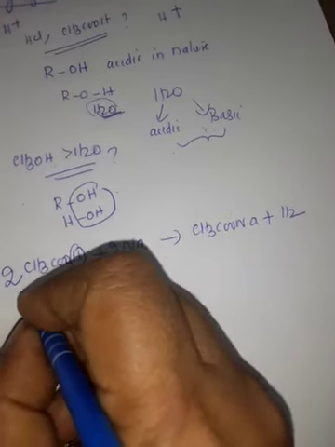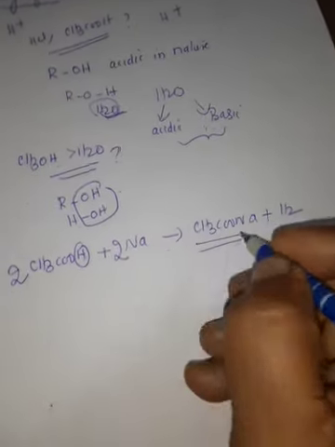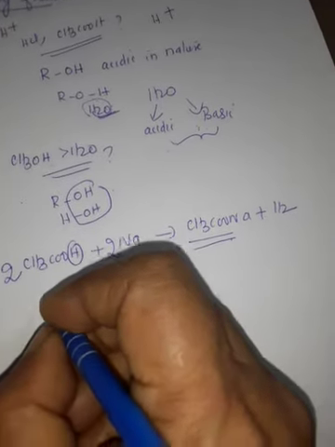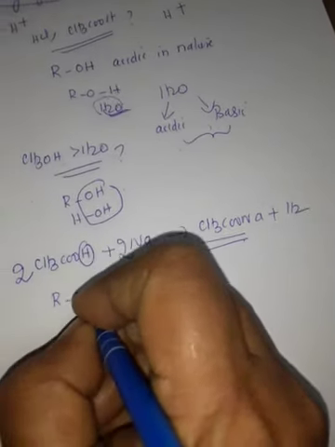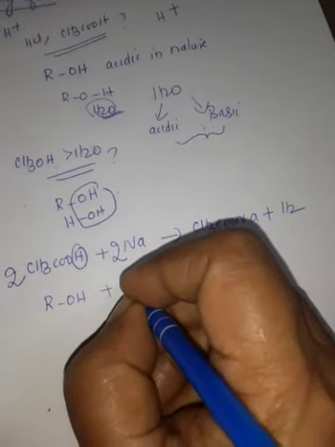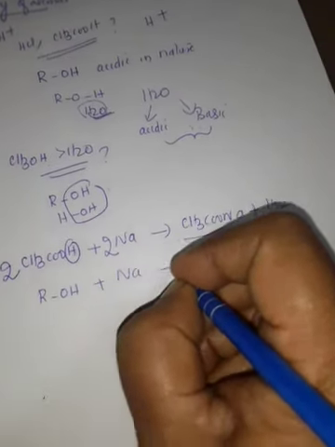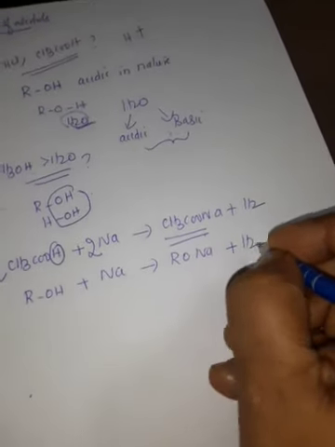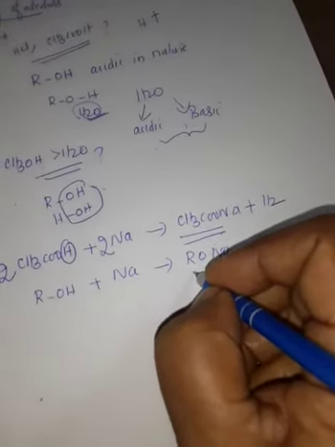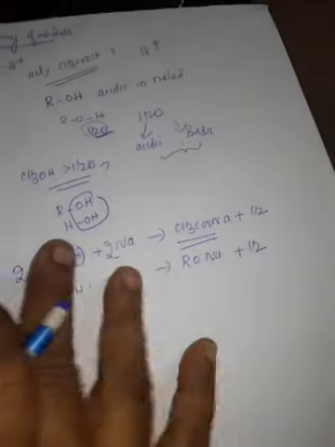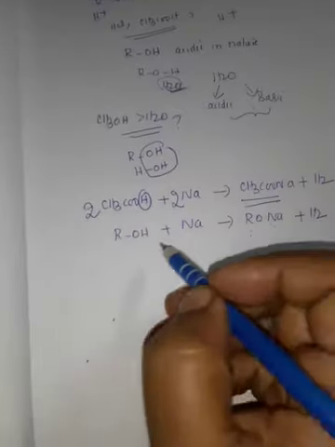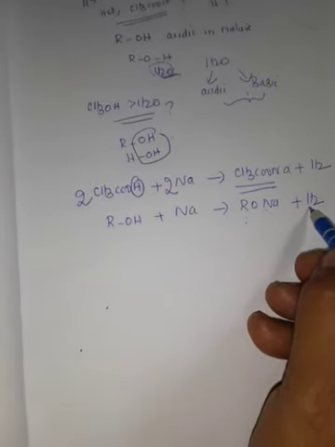Similarly, alcohol ROH can also react with sodium, forming RONa plus H2, sodium alkoxide. So it behaves like an acid because it is donating protons.